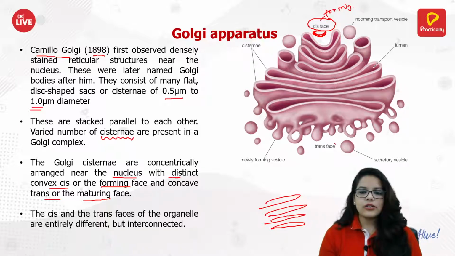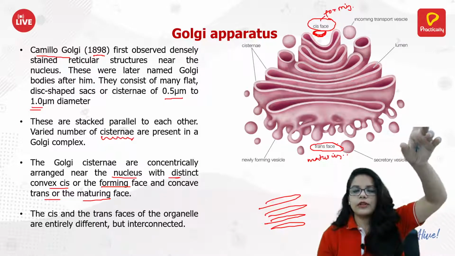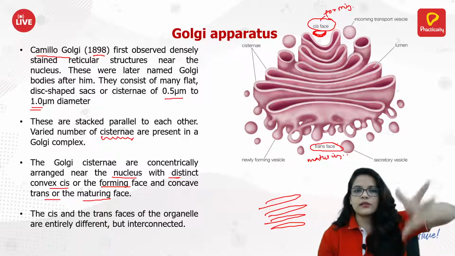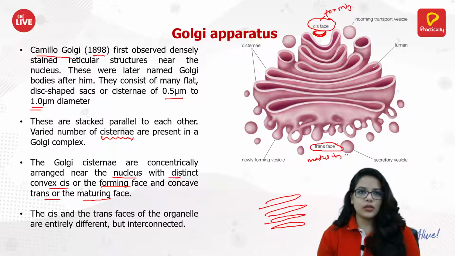And there is also a trans phase, that is the maturing phase. So they have two phases, on one side the cis phase, the forming phase, and on the other side the trans phase, the maturing phase.